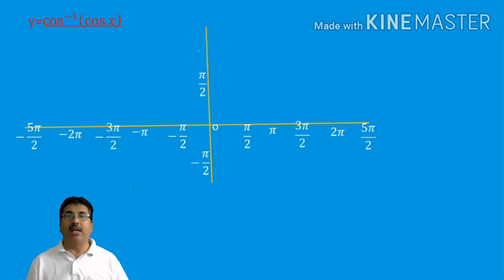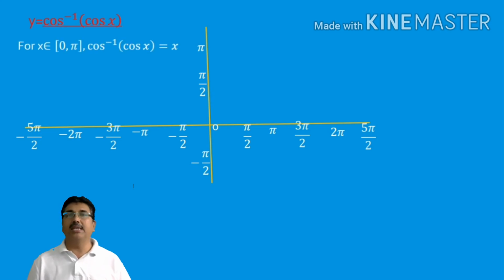For x belonging to the closed interval 0 comma pi, in this interval cos x is a bijective function. Therefore, cos inverse of cos x is equal to x. Therefore, the graph of this function in the closed interval 0 comma pi is a straight line, that is y is equal to x.